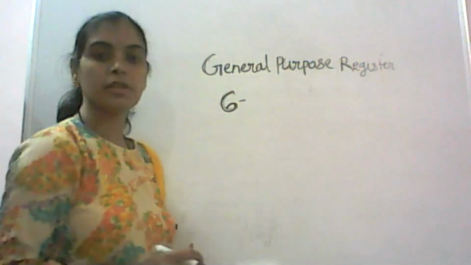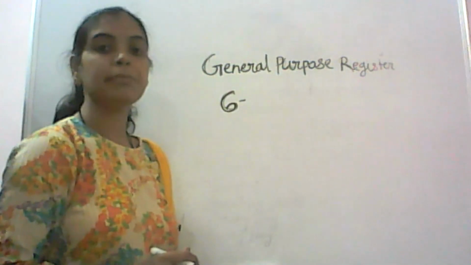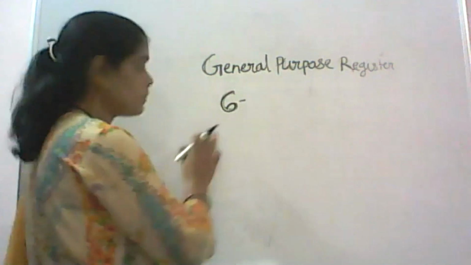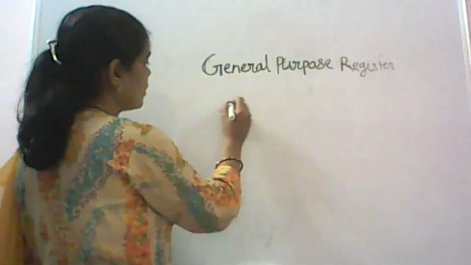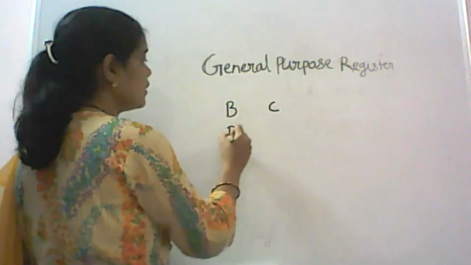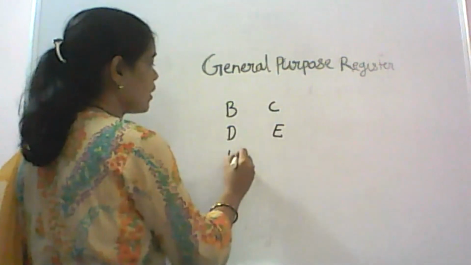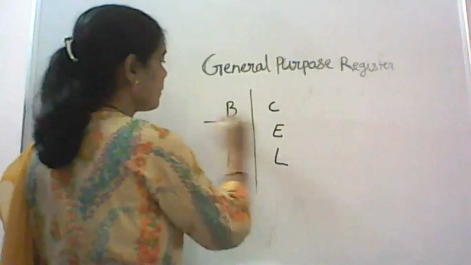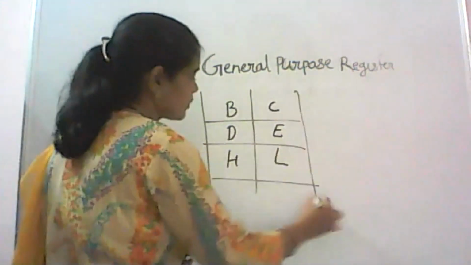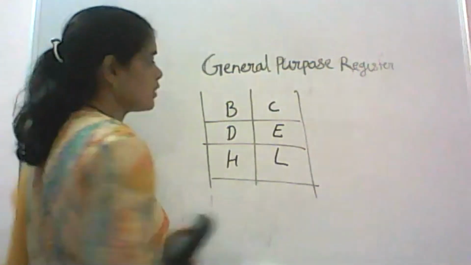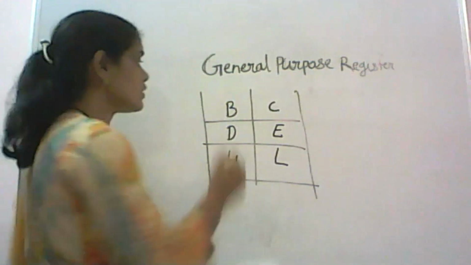All these general purpose registers are 8-bit registers: B, C, D, E, H, L. These are the general purpose registers.